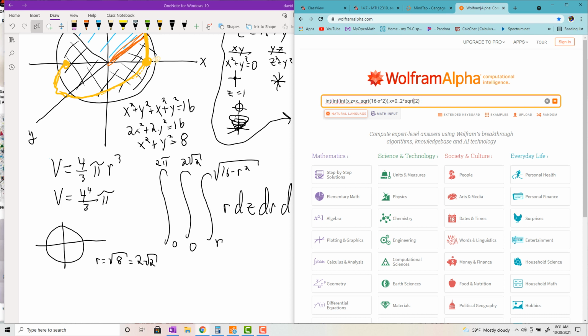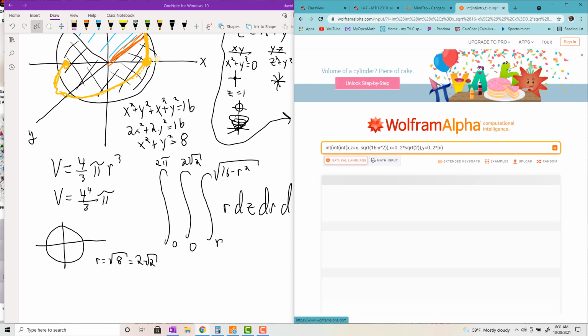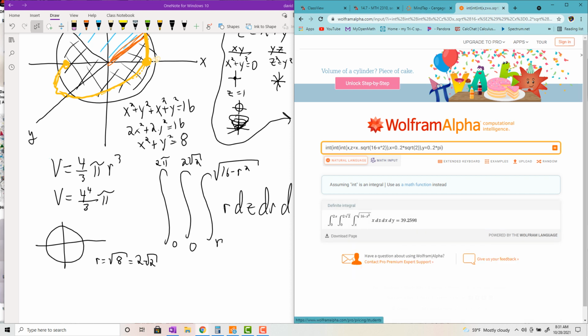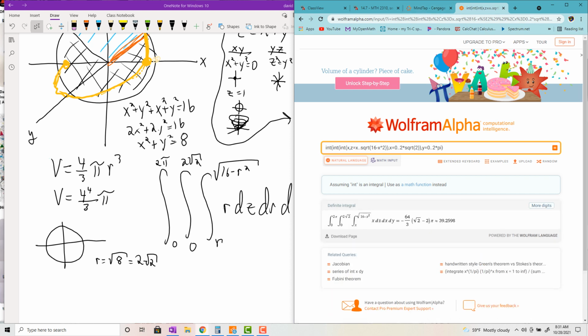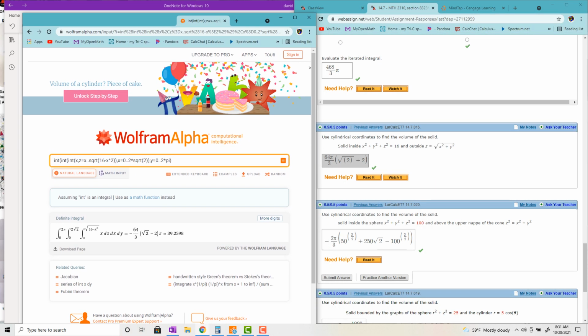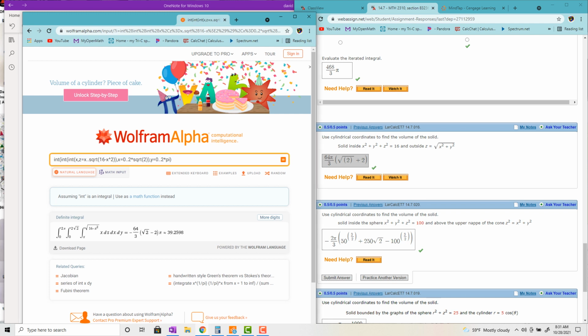I got too many parentheses there. Then finally I'll put y on the outside, equals 0 to 2 pi. Okay, push enter and hope I get the same thing I got earlier. Let's see. And of course I get some weird answer. Yeah, it's close to being the same thing.